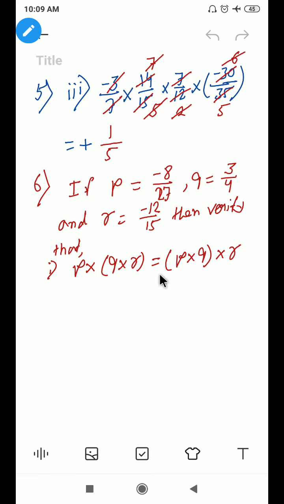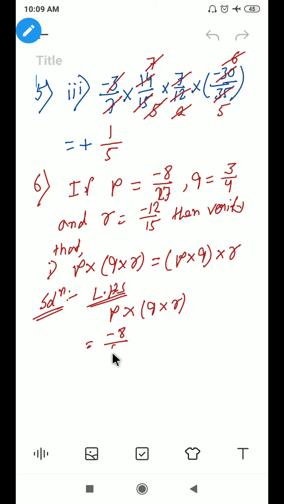You have to show here LHS is equal to RHS. So firstly find the LHS. LHS is given here as P into Q into R. What is P's value? Minus 8 by 27. Q's value is 3 by 4, and R's value is minus 12 by 15.